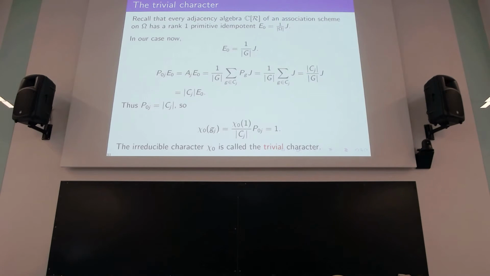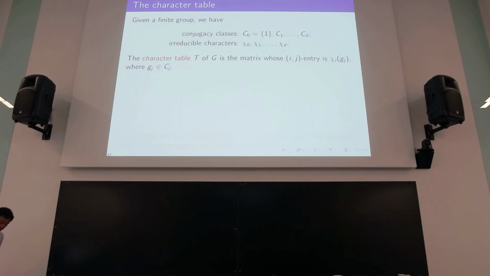Because we have the relation between the eigenmatrix and the character, if you reverse that relation, then you get just P_0j and the size of the conjugacy class cancelled out, and chi_0 of the identity is 1. So this is called the trivial character, which exists in all groups.